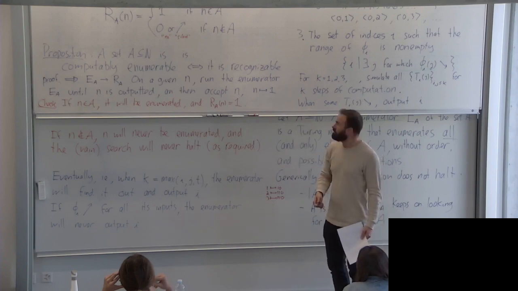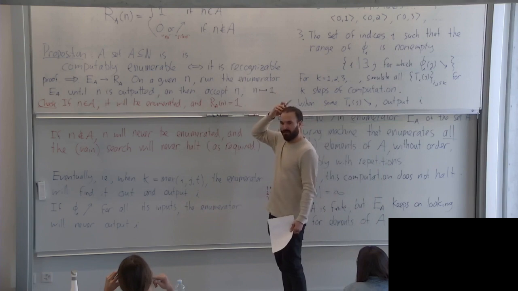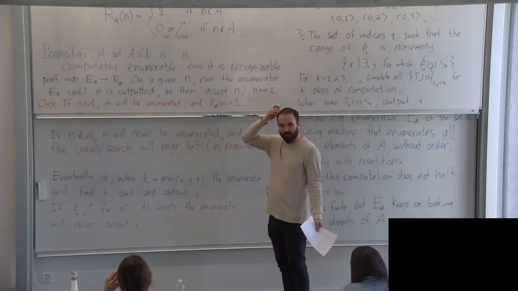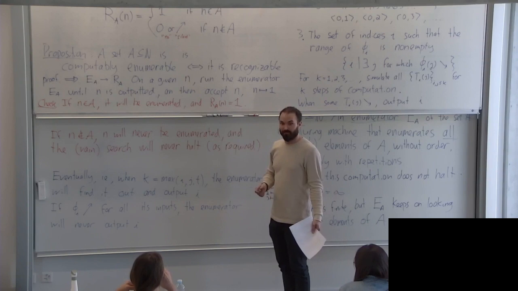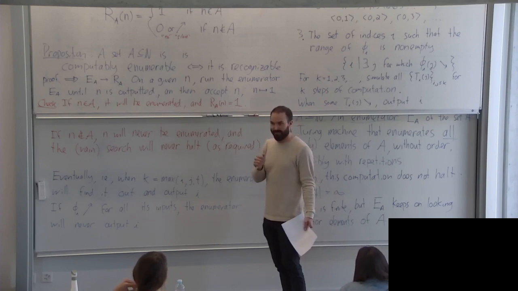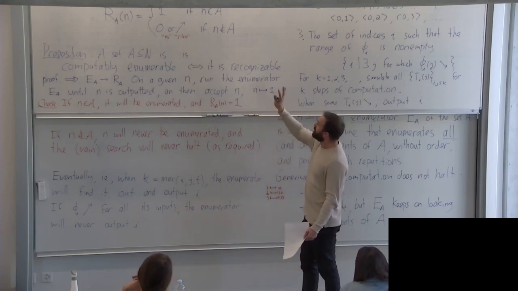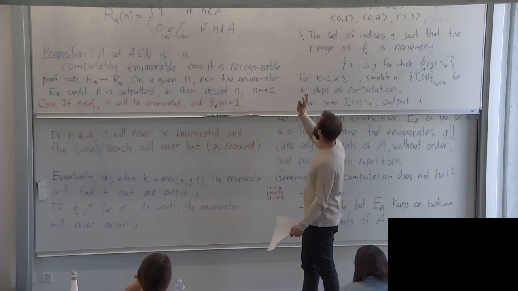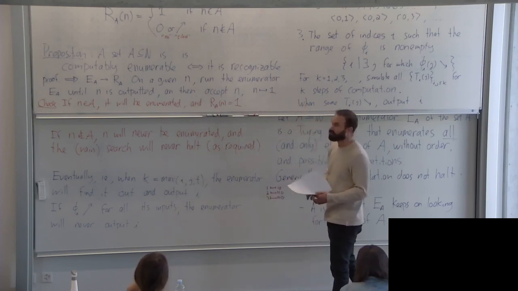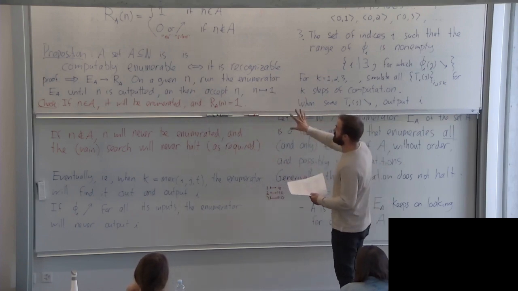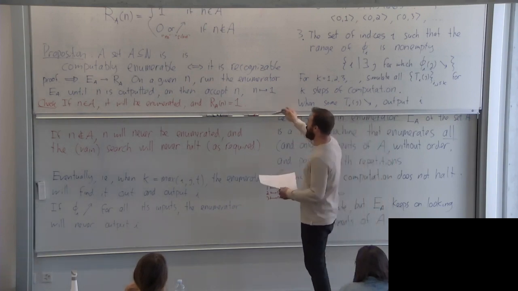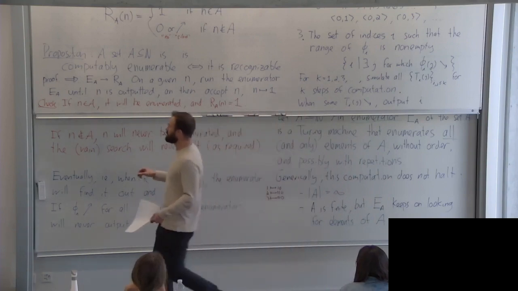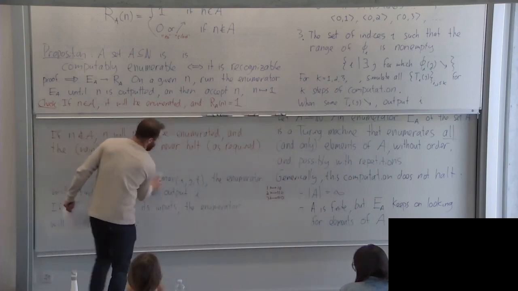Does that mean it's not in A, because it will never halt? Or does that mean that it's still computing and eventually it's going to halt and tell you, oh yeah, n is in A? There's this frustrating part in the notion of semi-computability or recognizability, which I'm proving is equivalent to the computable enumeration concept. Now we've done one direction, and let me just finish with the other direction.